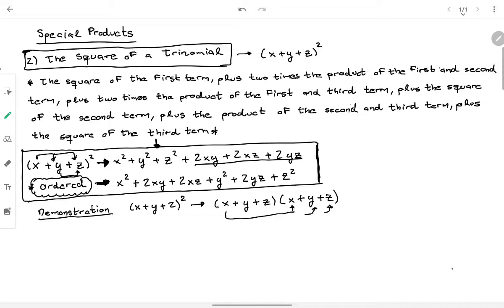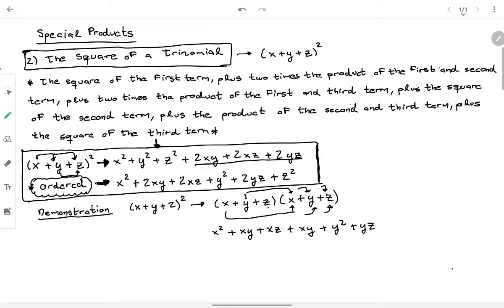So we will get x times x squared plus xy plus xz. Then the second term multiplying every term in the second parenthesis, so it will be plus xy because of the order, then plus y squared plus yz.